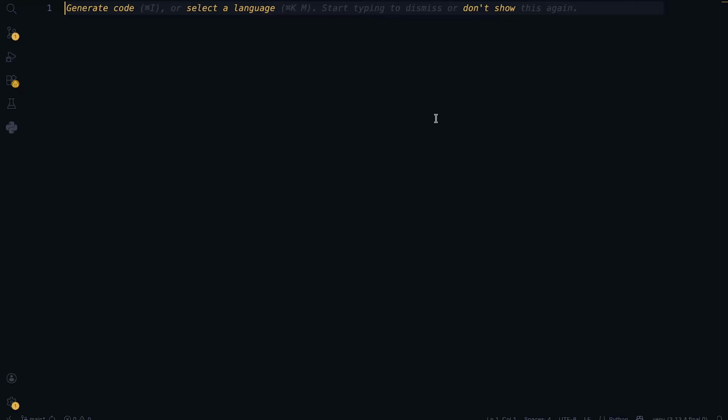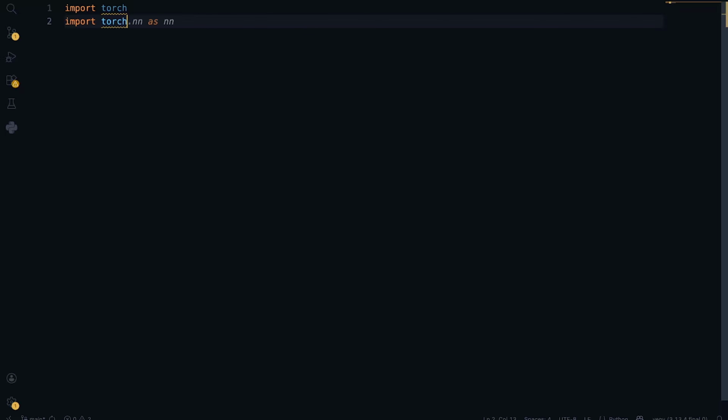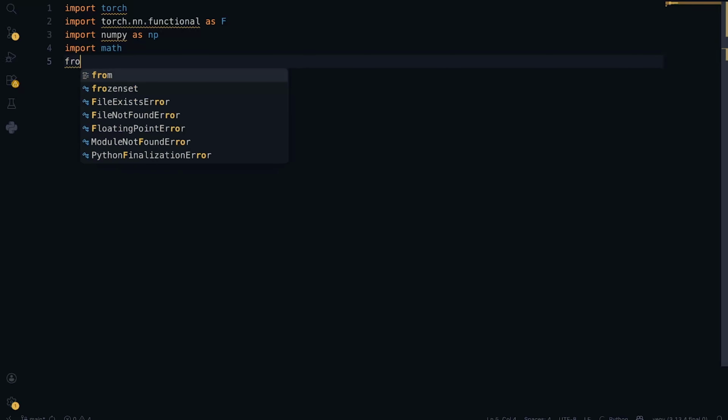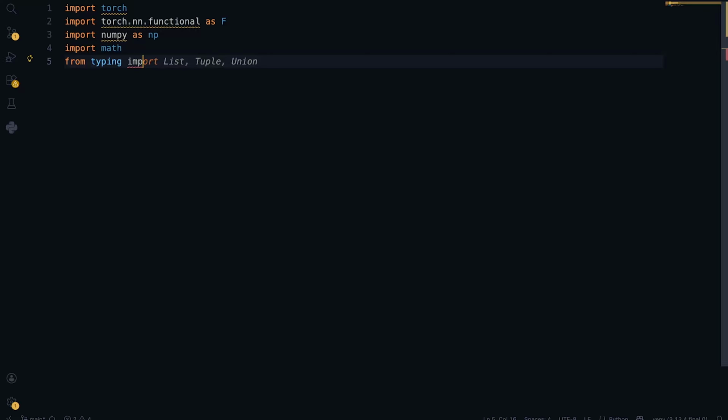For that we will first import torch, and then import the functional library, that is, torch.nn.functional as F, and then import numpy as np, and then import the math library, and from typing import Tuple, Optional, and List. These three we will be importing.